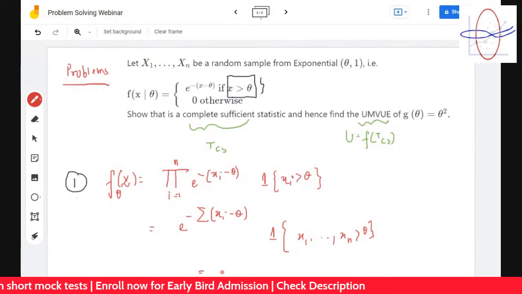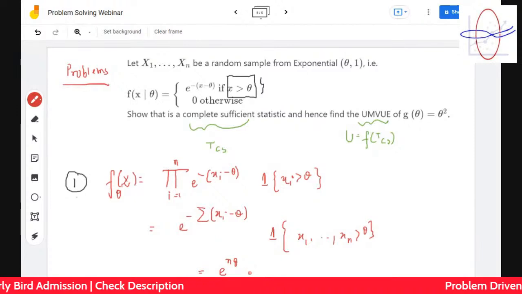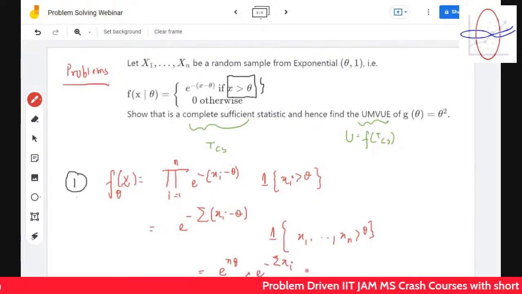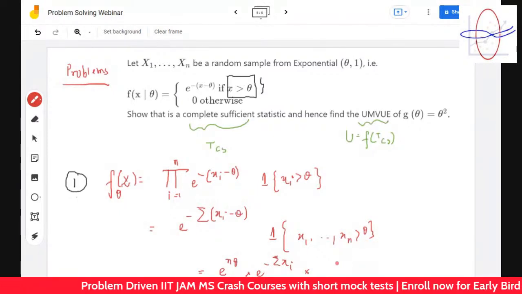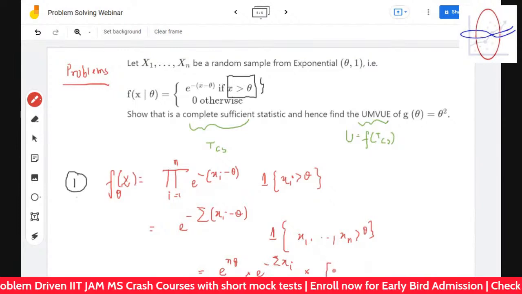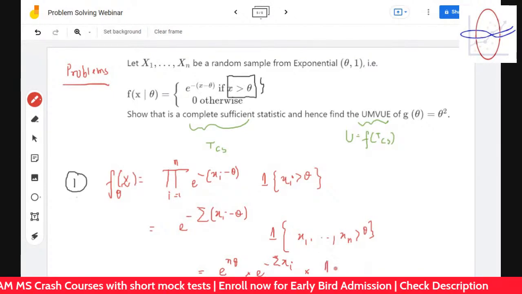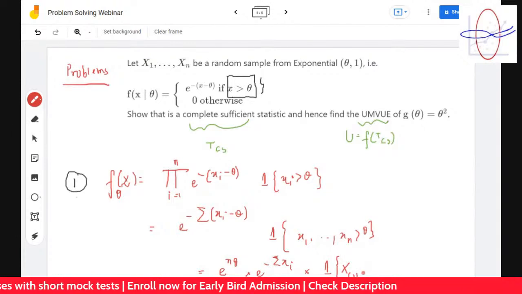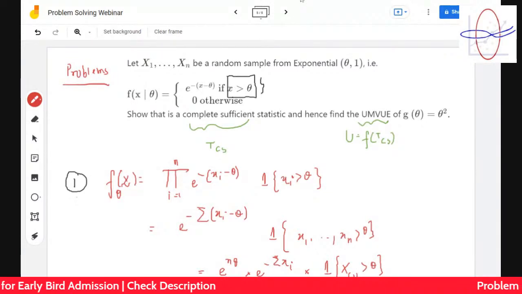That gives e to the power n theta times e to the power minus summation xi, into indicator that all of them are greater than theta, which means the minimum X1 is greater than theta.